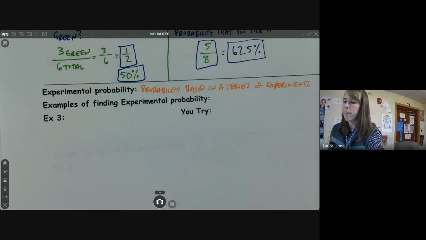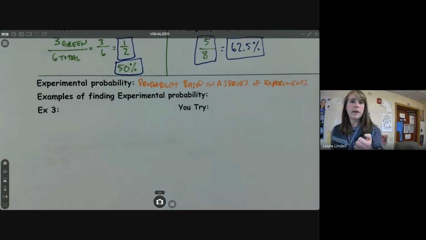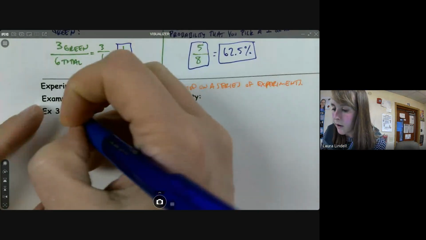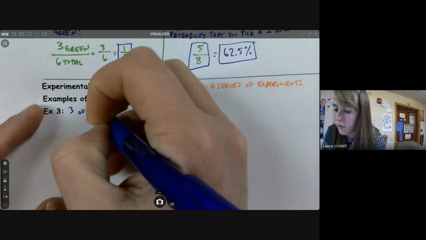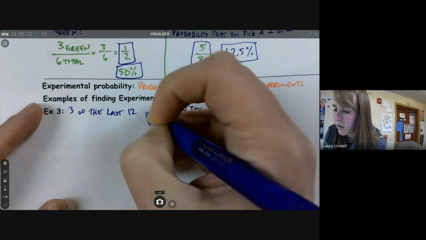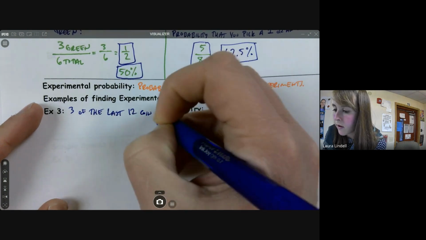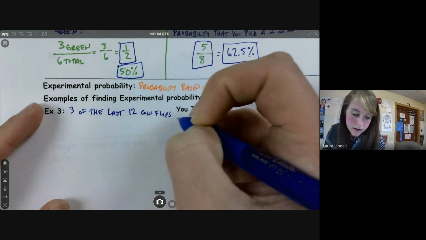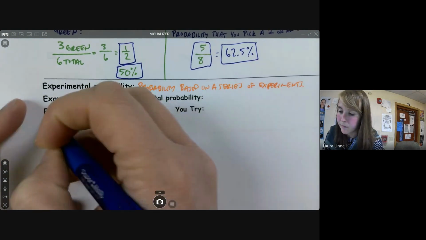Let's say you were flipping a coin a whole bunch of times and seeing if it's heads or tails. Let's say 3 of the last 12 coin flips have landed on tails.